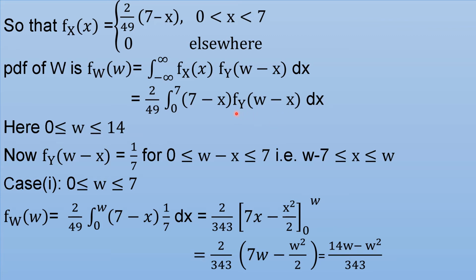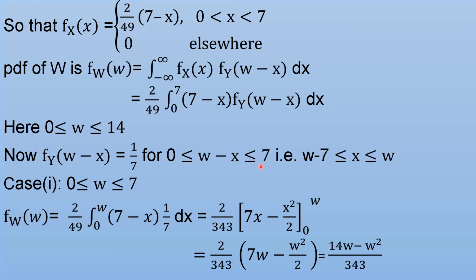So we look at that probability density function fy. Fy of y will be 1 by 7 for all y values between 0 and 7. So instead of y it is w minus x. So fy of w minus x will be 1 by 7 for all w minus x values between 0 and 7.